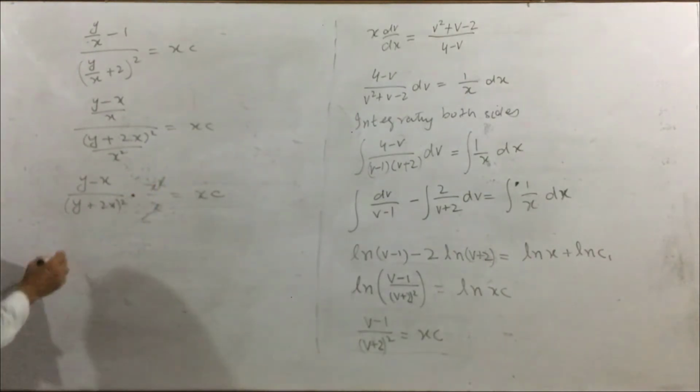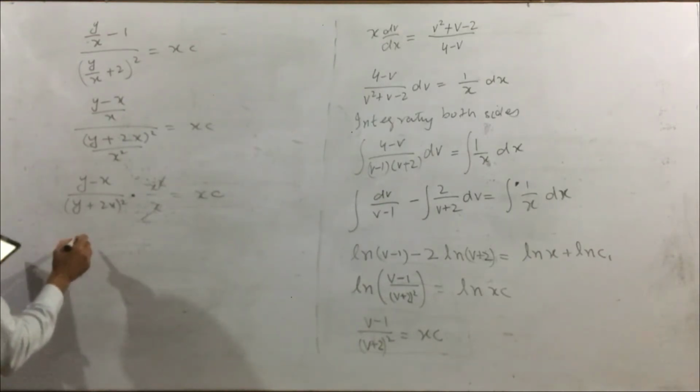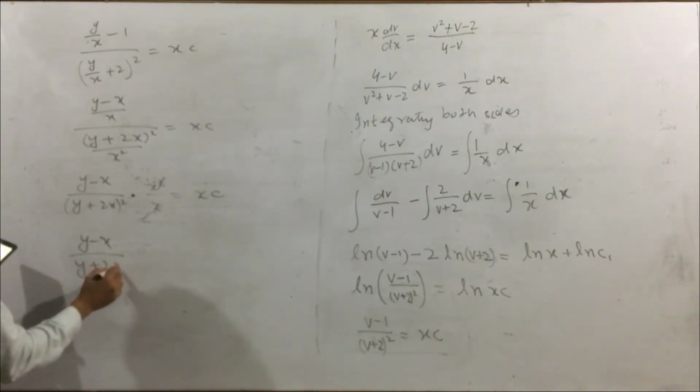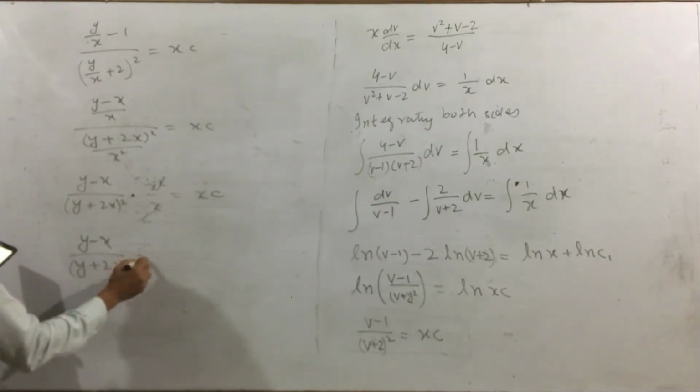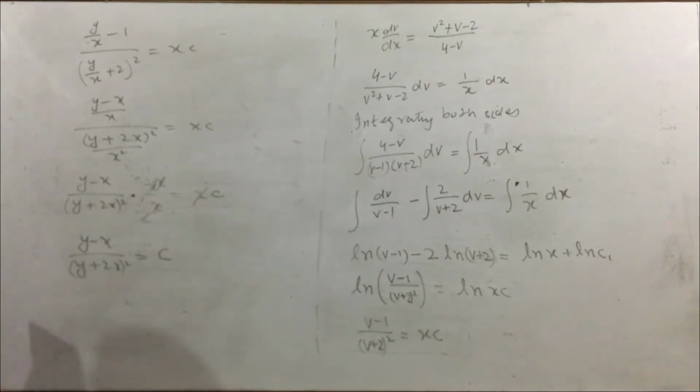This will cancel out, and (y minus x) divided by (y plus 2x) whole square is equal to c. This x will also cancel out with the other side's x. This is the general solution.